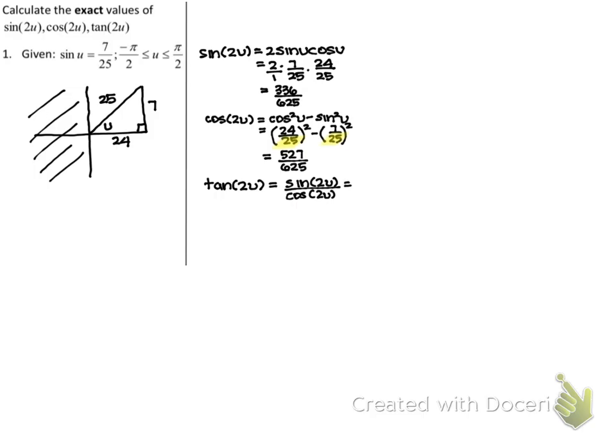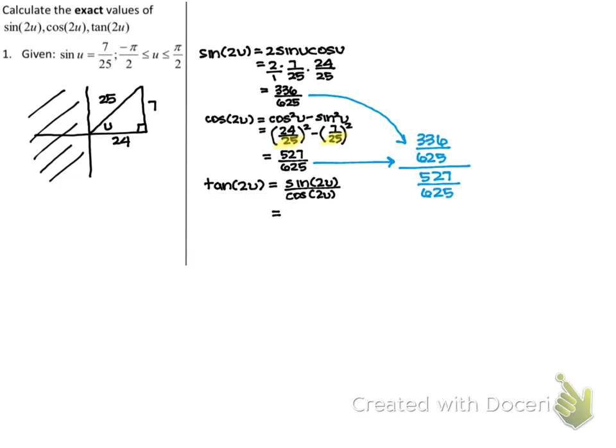Now, just as a reminder, if you have the denominators the same, we'll go off to the side for a moment. I'm going to take this guy off to the side, and I'm going to take that guy off to the side. If I do 336 over 625, which was sine, over cosine, 527 over 625.